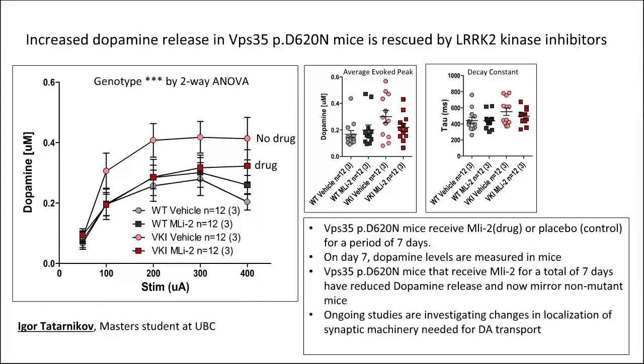So we believe that these pathways are inherently linked, and we believe that if we really have the opportunity to push this further, there will be some very fantastic data that may be available for the public, and will really help patients with VPS35 D620 mutations.